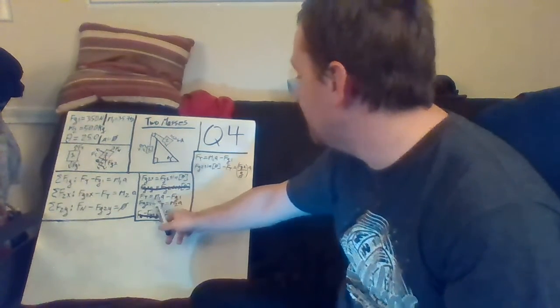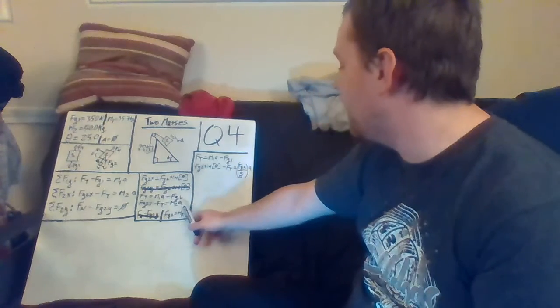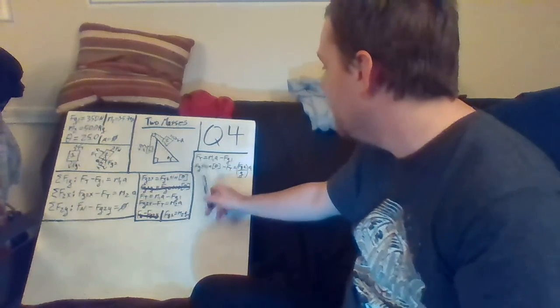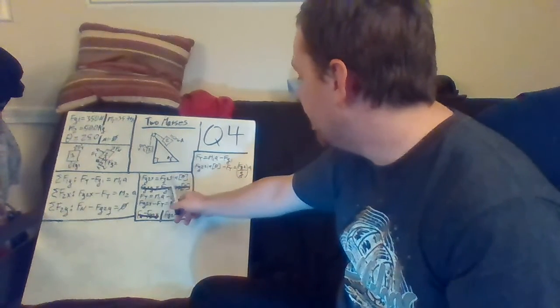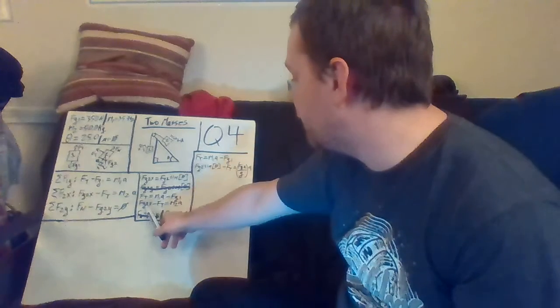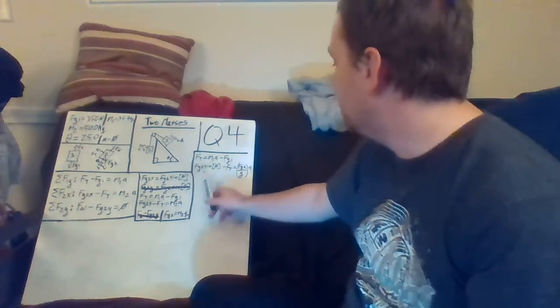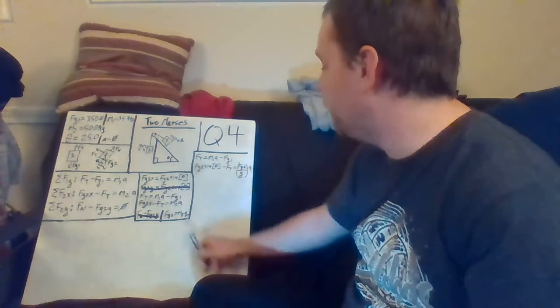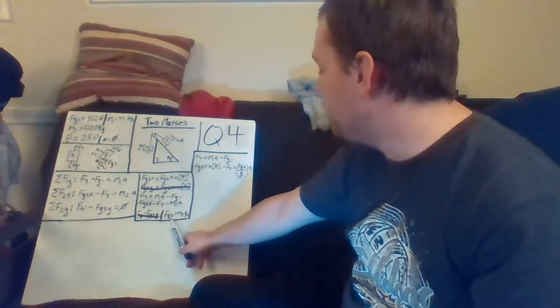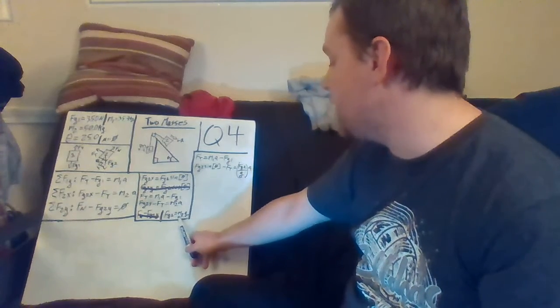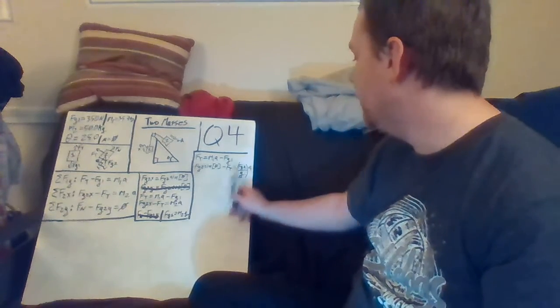So Ft equals m1a minus Fg1. And then I plugged in Fg2 sine theta for Fg2x to get this equation. I also plugged in Fg2 over g for m2 here.